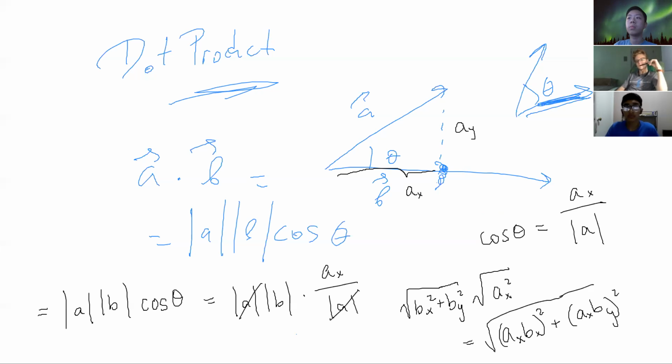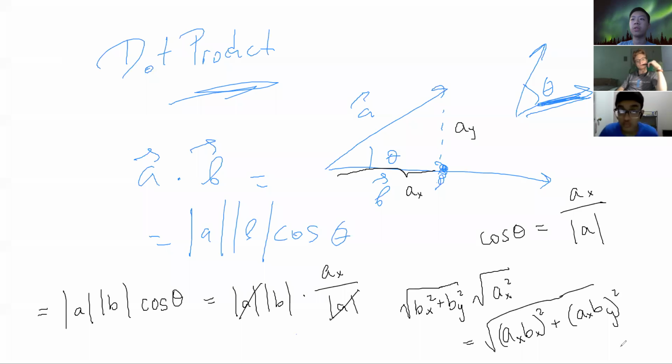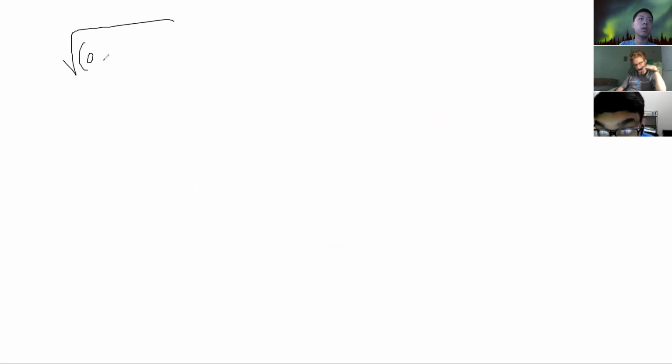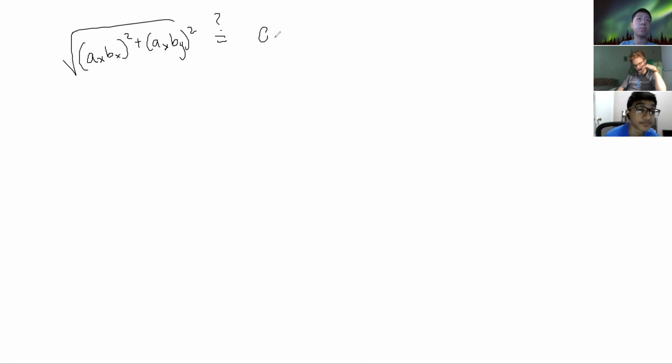All right, now let's move to a new page. So what do we have? So ax bx and then ax by. All right. So let's just verify. Is this actually equal to ax bx plus ay by?